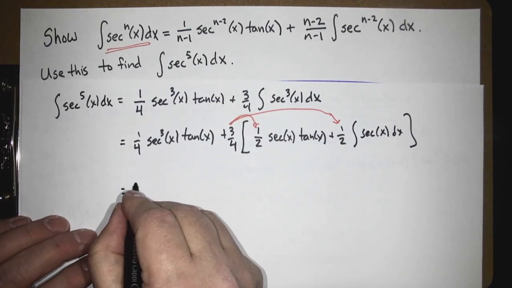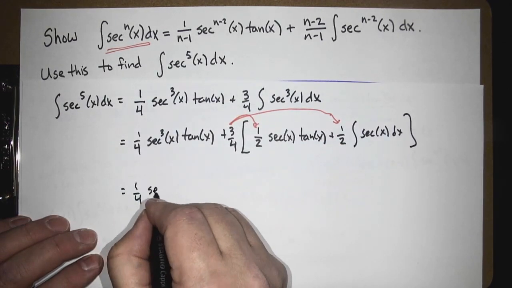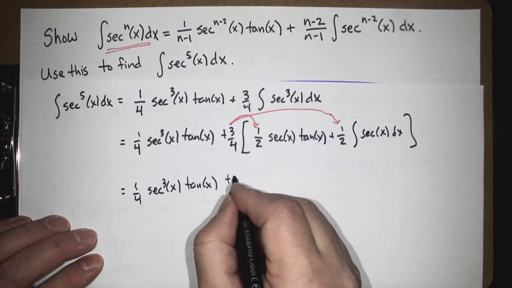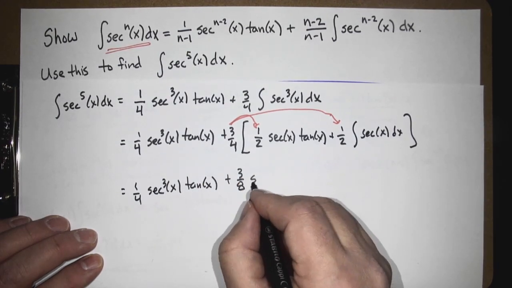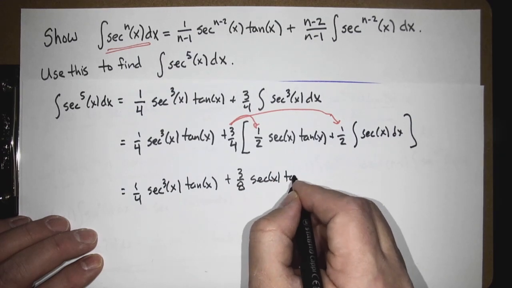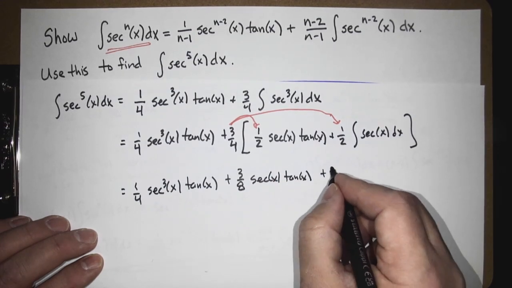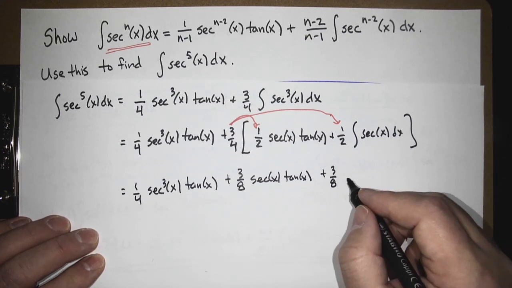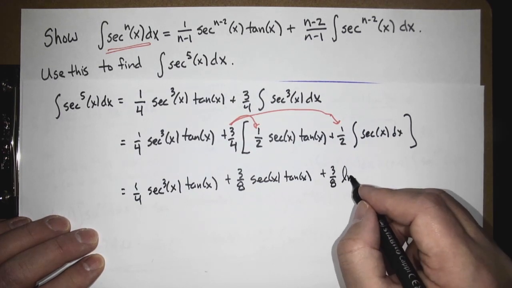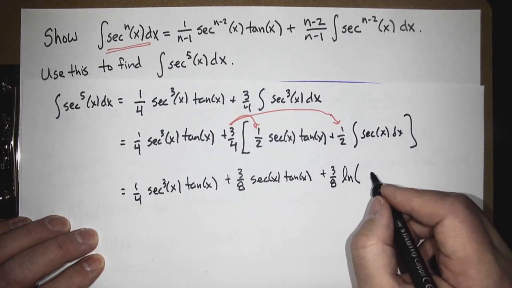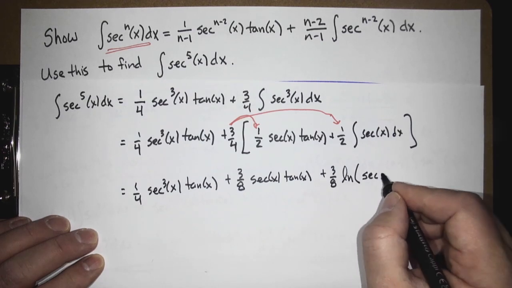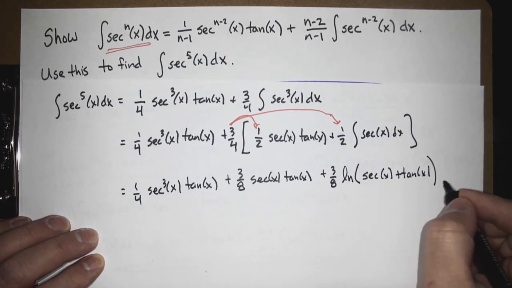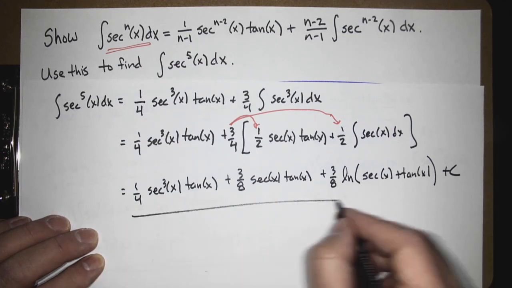So we get 1/4 secant cubed of x, tangent of x, plus 3/8 secant of x, tangent of x, plus 3/8, and the integral of secant involves a natural log: secant of x plus tangent of x. And of course, plus c.